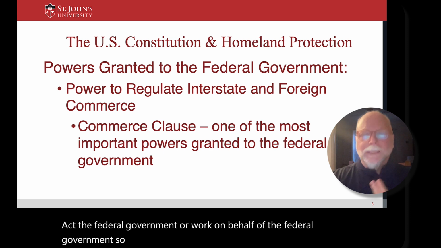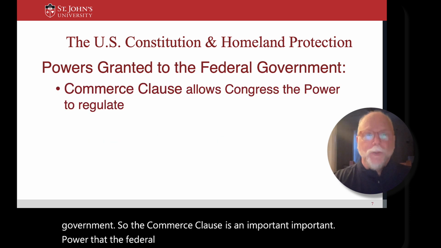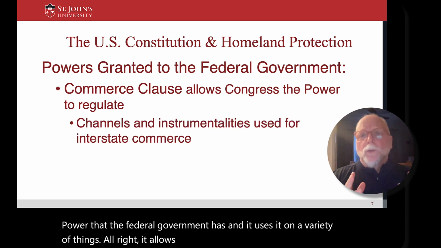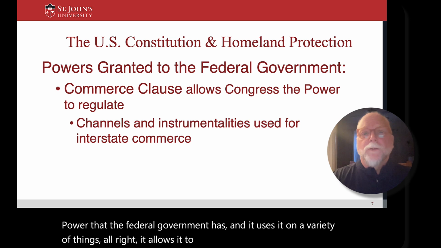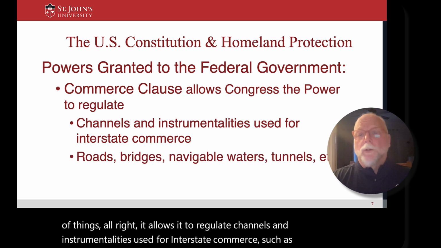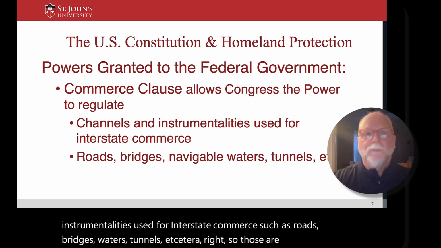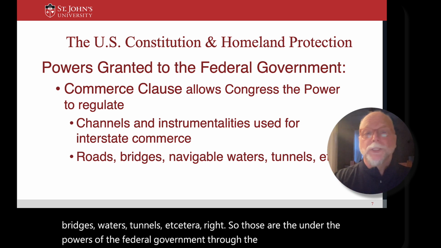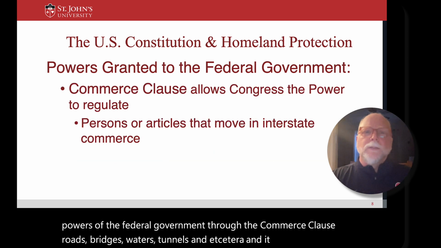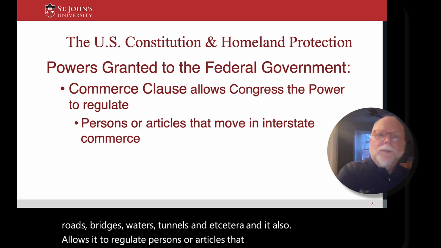So the Commerce Clause is an important power that the federal government uses in a variety of ways. It allows it to regulate channels and instrumentalities used for interstate commerce, such as roads, bridges, waters, tunnels, etc. And it also allows it to regulate persons or articles that move through interstate commerce.